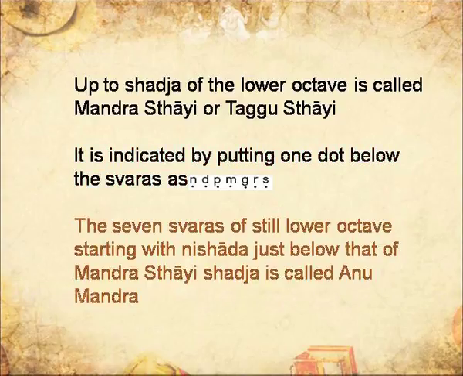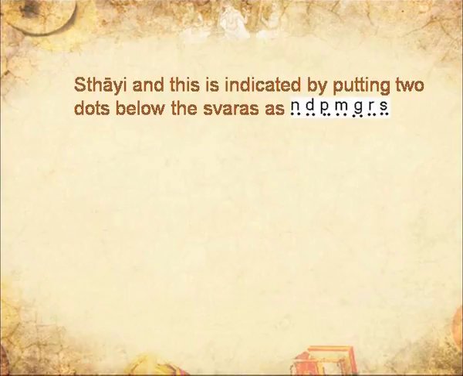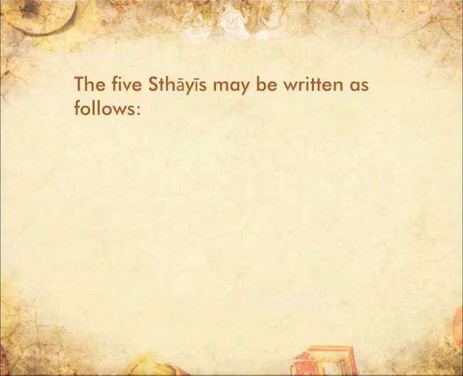The 7 swaras of the still lower octave starting with nishada just below that of mandrasthai shadja is called anumandrasthai, and this is indicated by putting 2 dots below the swaras, as in. The 5 sthais may be written as follows.